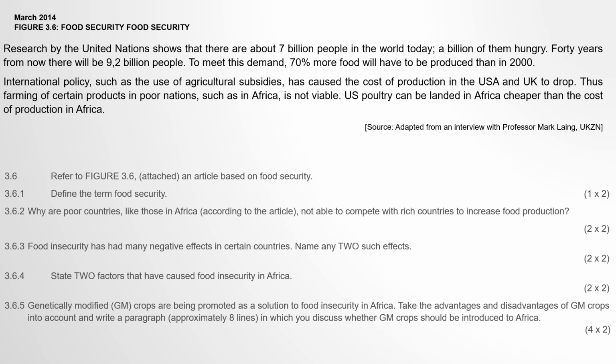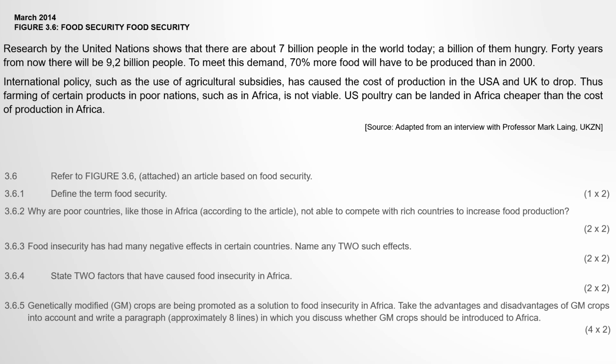So you're given a source there, which is figure 3.6, which says research by the United Nations shows that there are about 7 billion people in the world today, a billion of them hungry. 40 years from now, there will be 9.2 billion people. To meet this demand, 70% more food will have to be produced than in 2000.